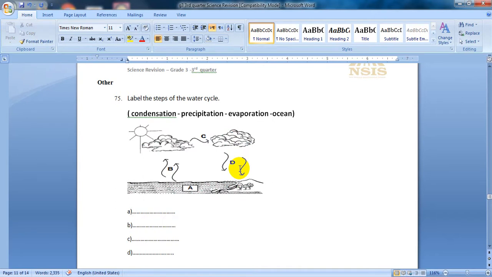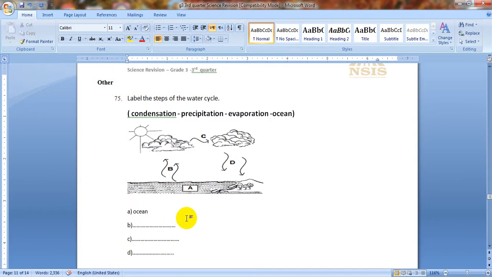So let's say these again with the letters. The first one, letter A, will be ocean. Then the liquid water in this ocean will evaporate, so the step will be called evaporation.